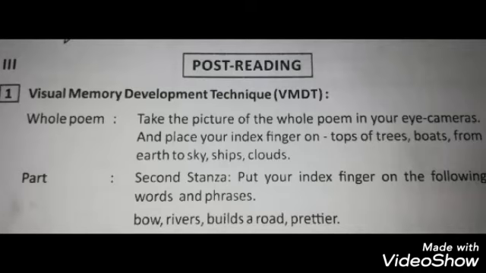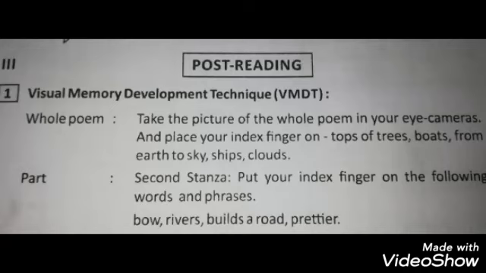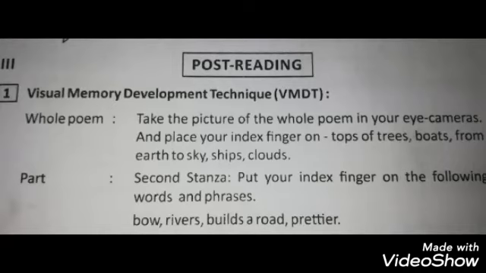Besides the words or phrases of the book, you can also add some sentences to develop your VMDT, or visual memory development technique. If you want to take it paragraph-wise, it is also good, and if you want to take the whole text, it's also good, as you like or as the wish of your teacher.